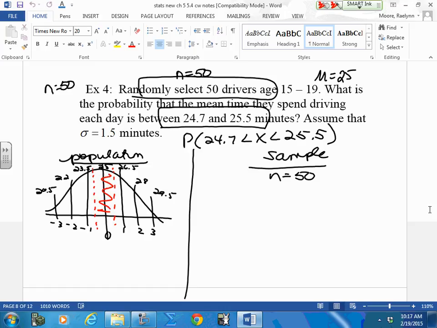Come on, stand up. All right. So when x is 24.7, the z-score is x minus the mean over the standard deviation. 24.7 minus 25 over 1.5. I need someone to do this for me because this one's not in the book. I'm doing this different than the book is. So what did we get? Negative 0.2.